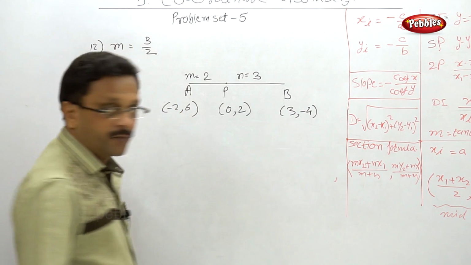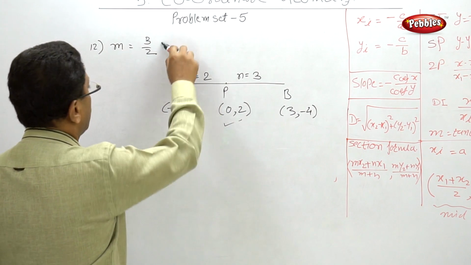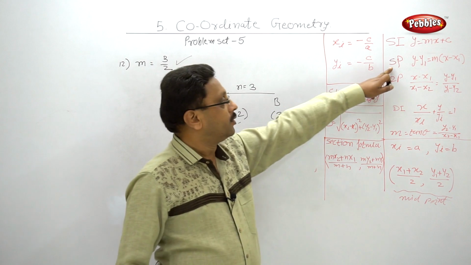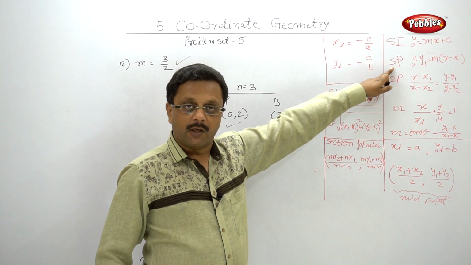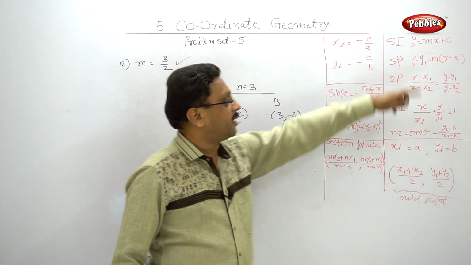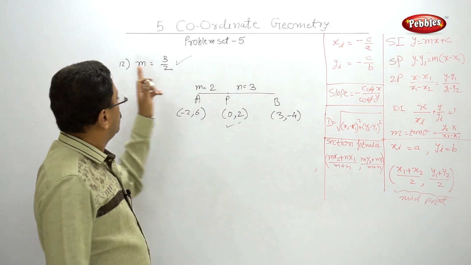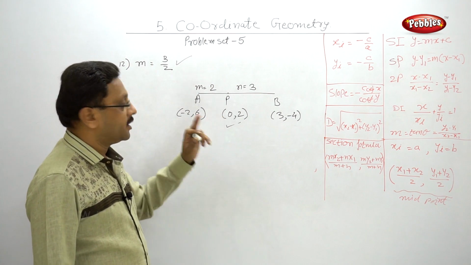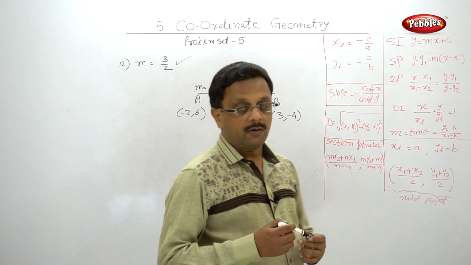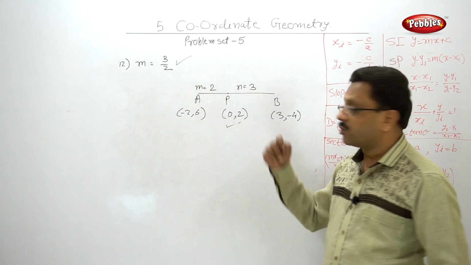Please check your answer. Now we have got this point and this slope, and we can substitute in our slope point formula or slope point form, that is y minus y1 is equal to m into (x minus x1), and you will get an answer. That is, you will get the equation of line.